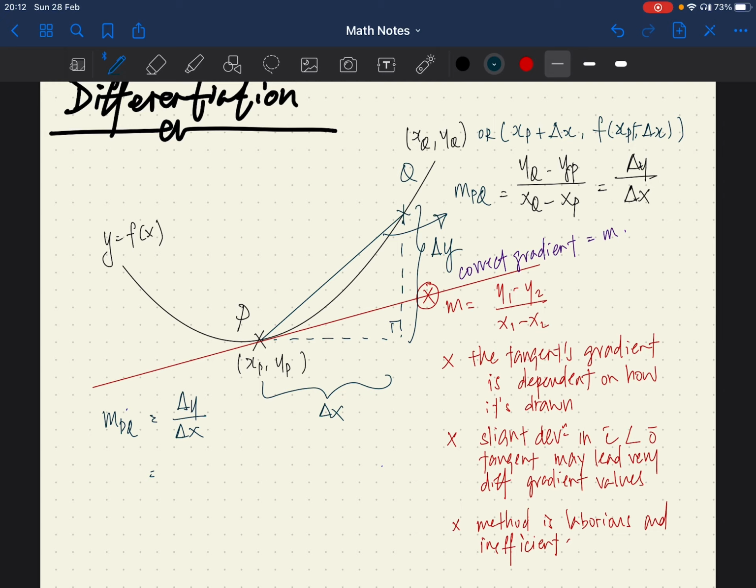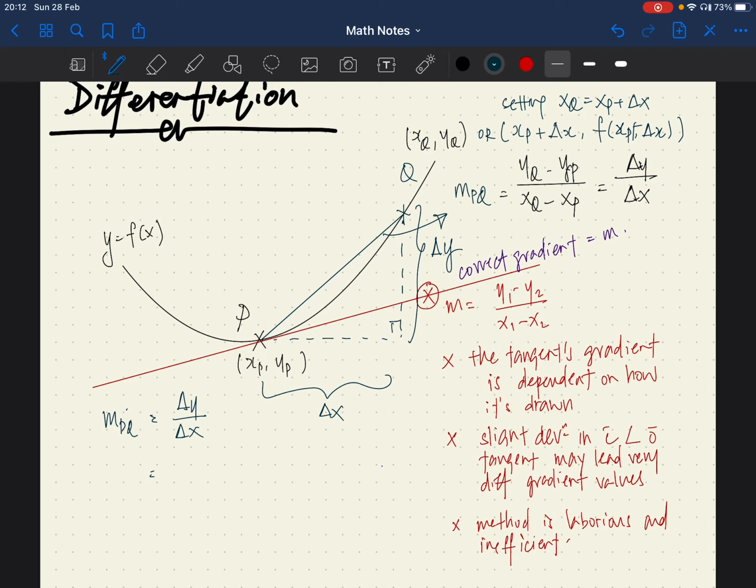Because I'm actually setting xq to be xp plus delta x, because the x coordinate of point Q is simply the x coordinate of point P plus this change in x that we want.